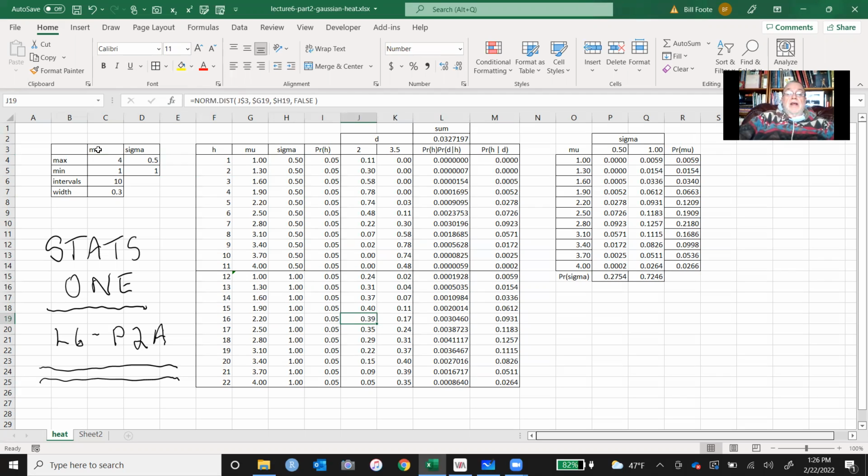Here's the normal distribution, the Gaussian distribution, 1 over sigma square root of 2 pi times e to the minus 1/2 z squared, where z is taking each of the data points, 2 for example, centering it, subtracting from it a hypothesized mean, and then taking that deviation and dividing it by sigma, a scaling factor.